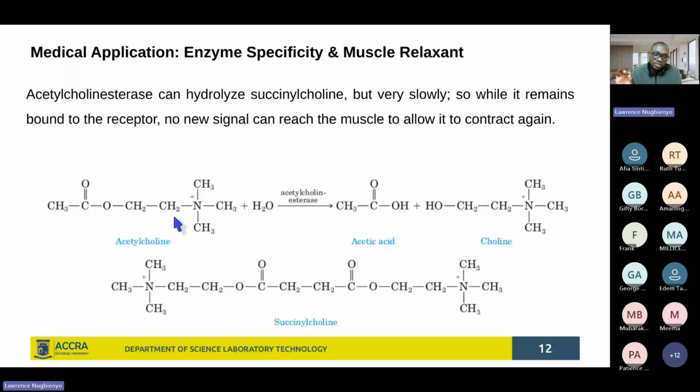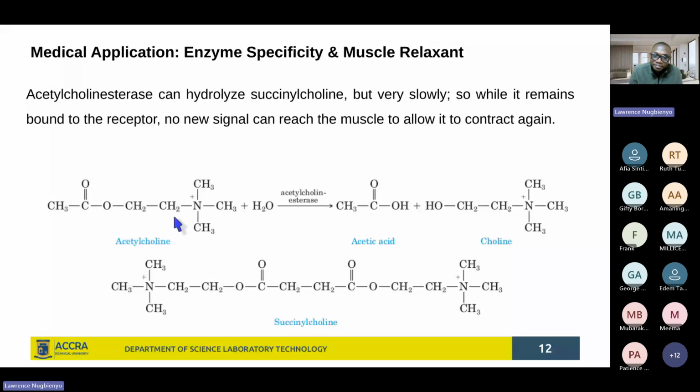When it attaches onto a muscle cell, so acetylcholine attaches to muscle cells, that's to a muscle tissue, and the muscle contracts.